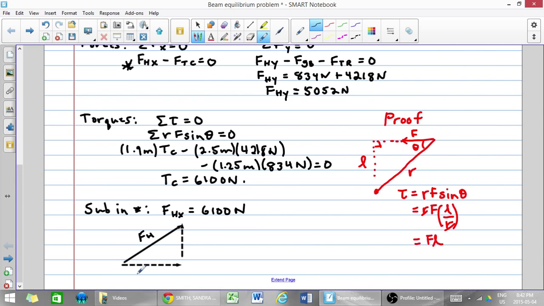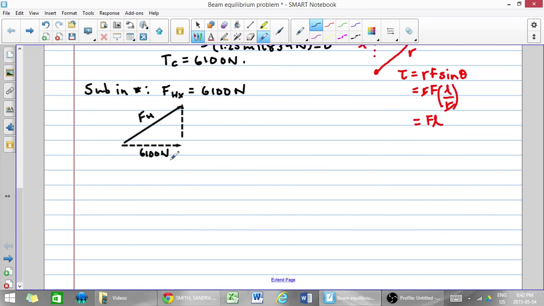X component 6,100 newtons, Y component 52 newtons.